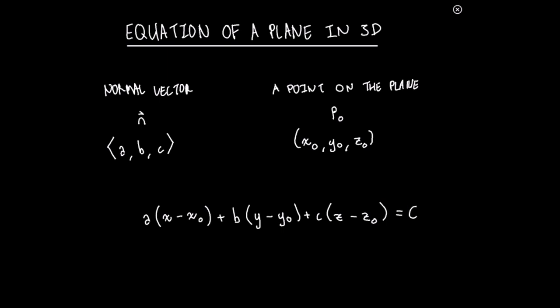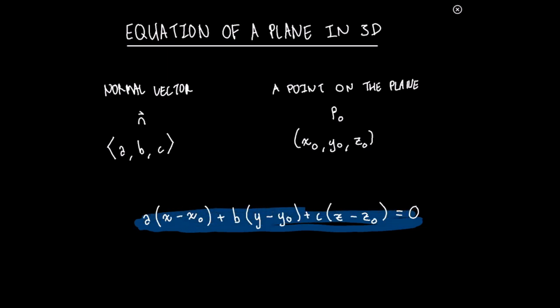And all that equals 0. All right, so that is your vector equation for a plane in 3D.